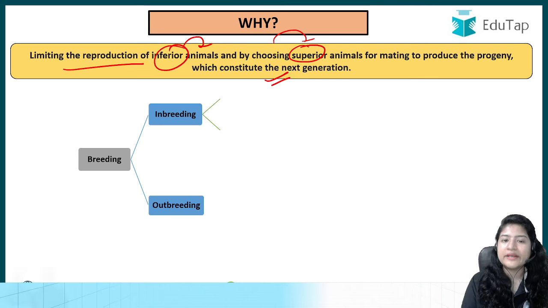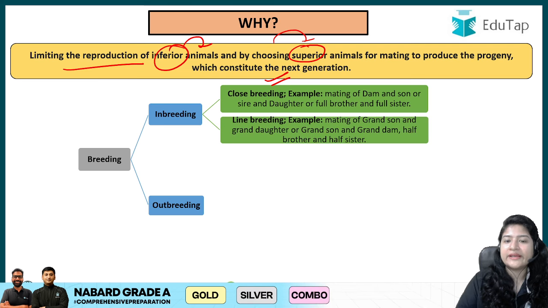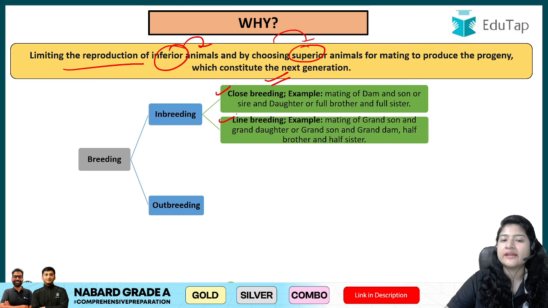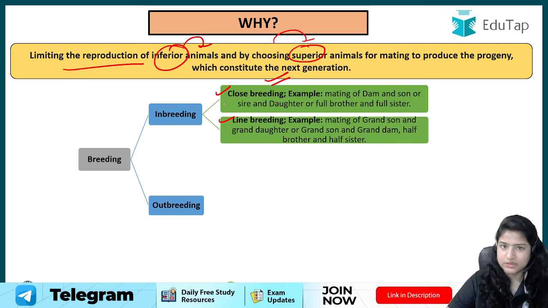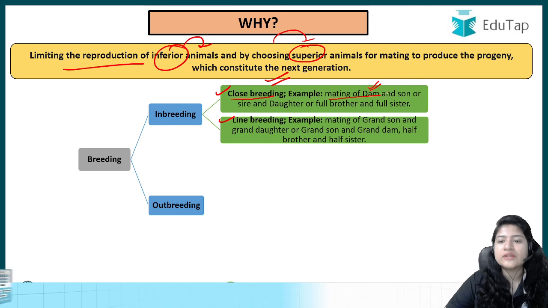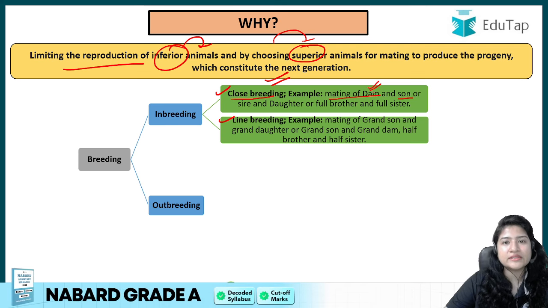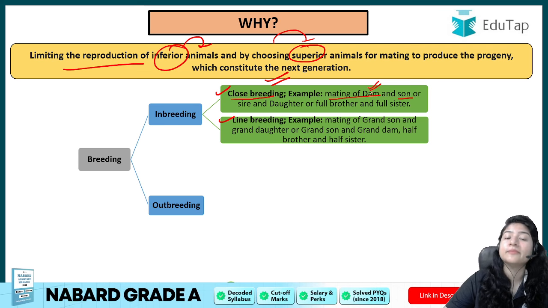Inbreeding can be of two further types: close breeding and line breeding. What is the similarity and difference? Because both are inbreeding, relatives are used in both. But in close breeding, immediate relatives are used. For example, mating a dam, the cow which is the mother, and her son.